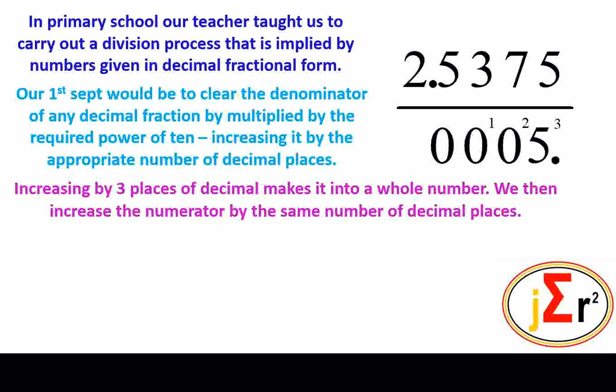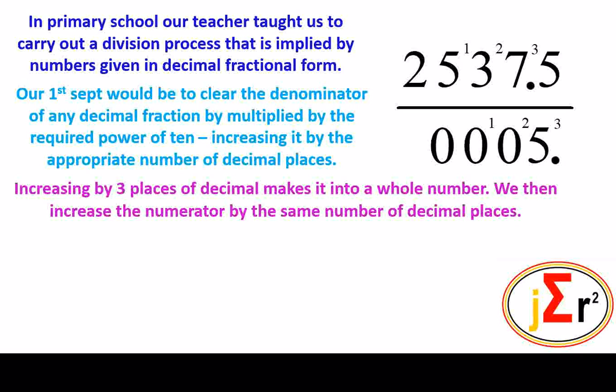Increasing by 3 places of decimal makes it into a whole number, and that's what we are talking about, the denominator. We then increase the numerator by the same number of decimal places. Three decimal places.